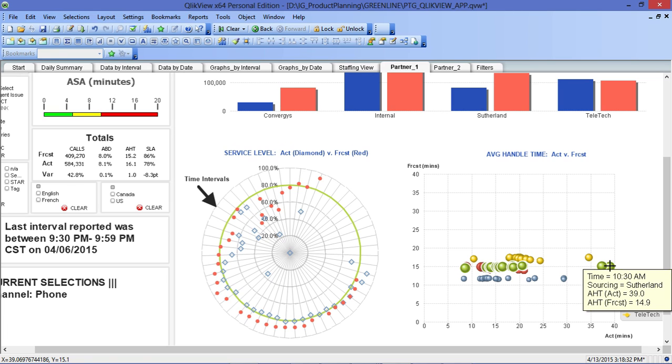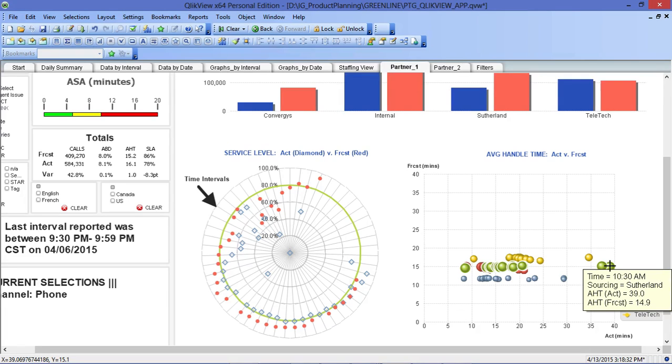The 15-minute is right here, the 12. So a lot of the results were forecasted and actualized within here, but there are some intervals that had outliers. So it's a quick way to look and see where your outliers are and where you need to dig down further. Same with this slide to the left on service level.